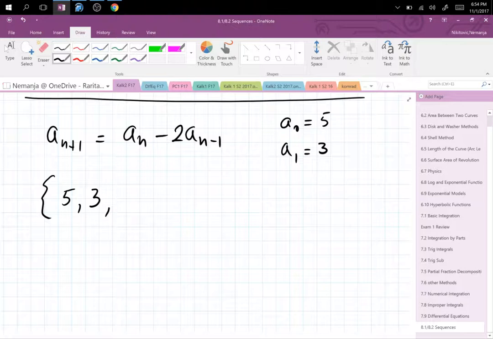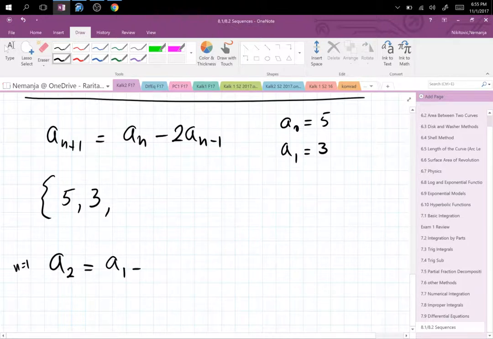Now what's A2? Now this is a little bit tricky. Pay attention. If this needs to be A2, what n am I using? 1. n is equal to 1. Very good. So n equals 1 because I'm aiming for A2. That means n plus 1 is 2, which means n is 1. So what are these then?